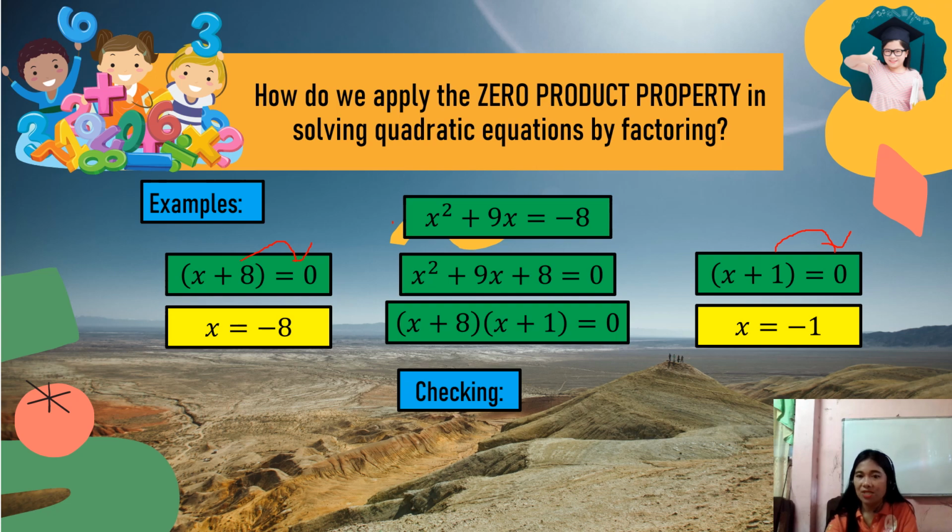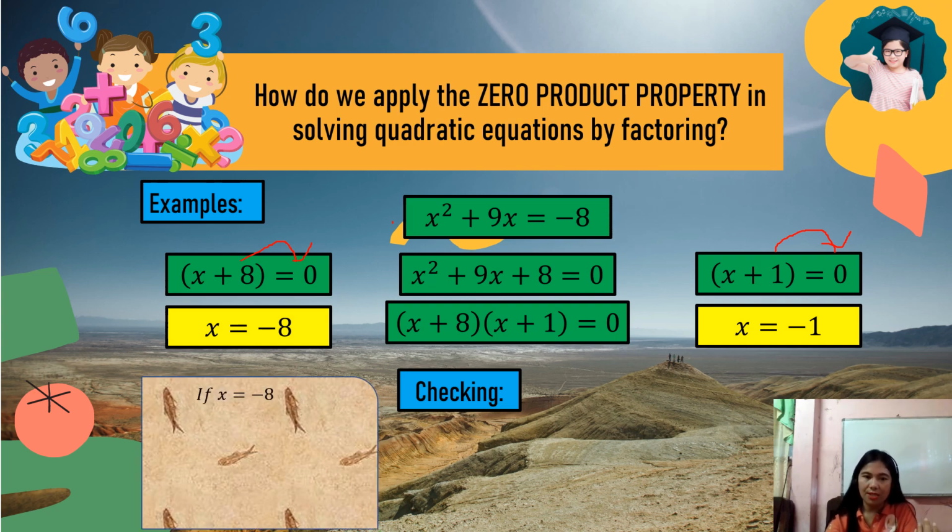How do we check? It's easy. Go back to the original equation and then use the solved values for x and substitute them into the original equation. So, let's start with x as negative 8. Like I said earlier, we go back to the original equation.